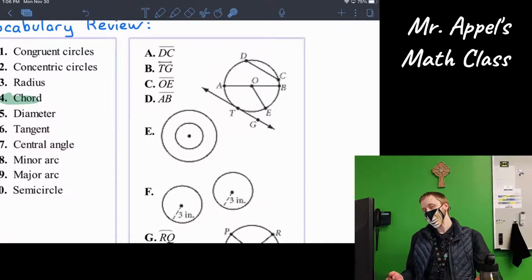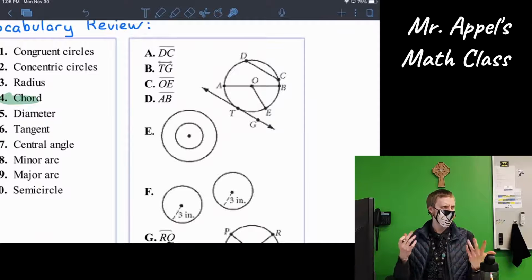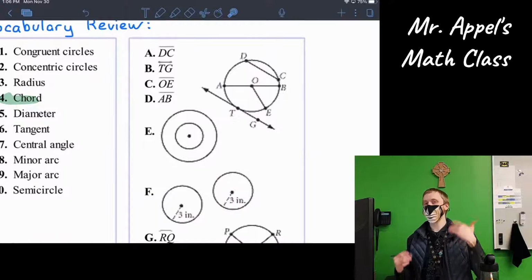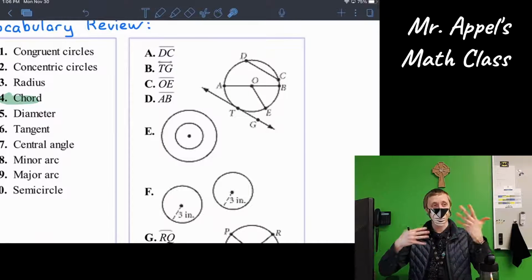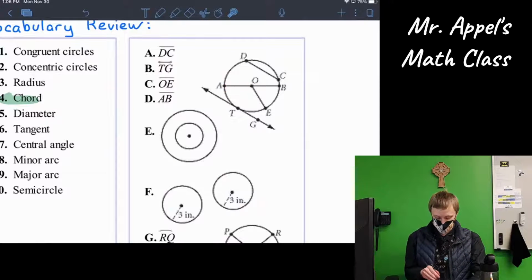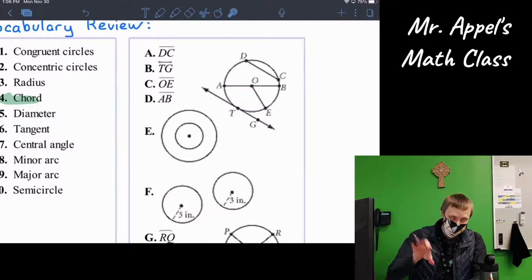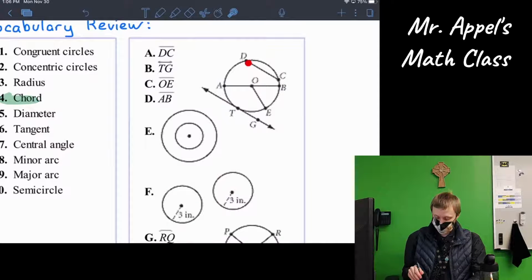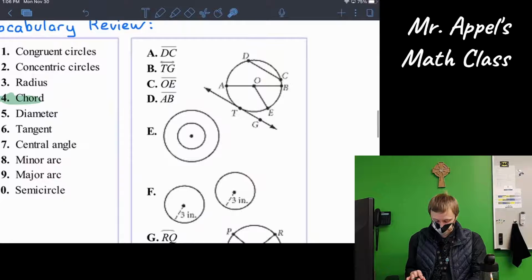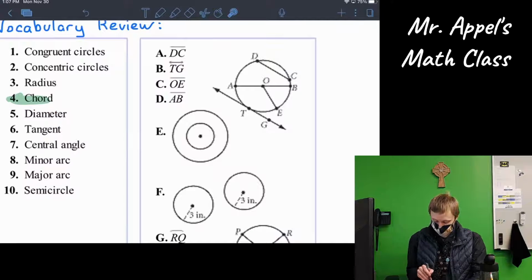So this is one of those guess what the teacher's thinking kind of questions. Yeah, okay, technically correct. But the better answer, if you were matching all of them at once, you'd use this one for diameter because you had to have that on the list. And so the only one left that's only a chord and not also a diameter would be this segment DC here, which is letter A. So A designates the chord. 5, the diameter is A to B there.